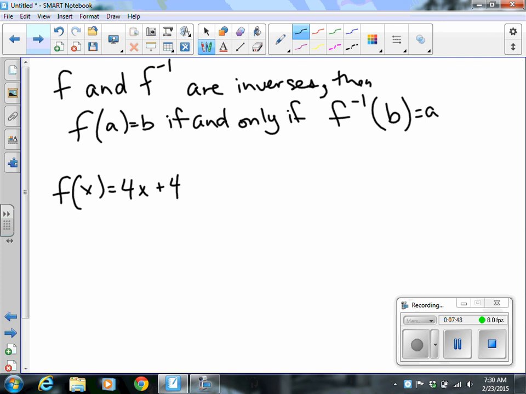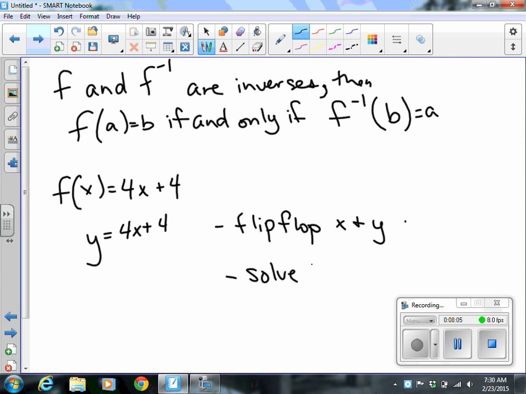Well, we've talked about functions before that f of x is really like a y. Okay, so this is my original one. In order to find my inverse, flip-flop x and y. That's my first step. My second step is then solve for y, sorry, solve for y.